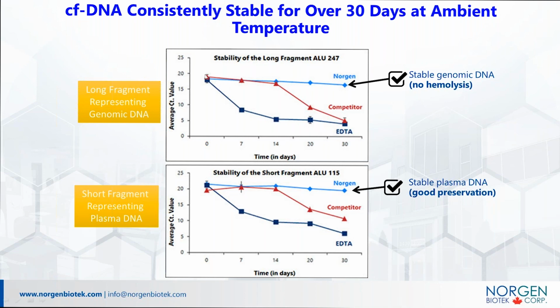The same thing with one of the competitors. You can see that the CT value started at almost 18 and then declined over time until 14 days, and then there is a sudden increase in the genomic DNA amount, which means lots of hemolysis.